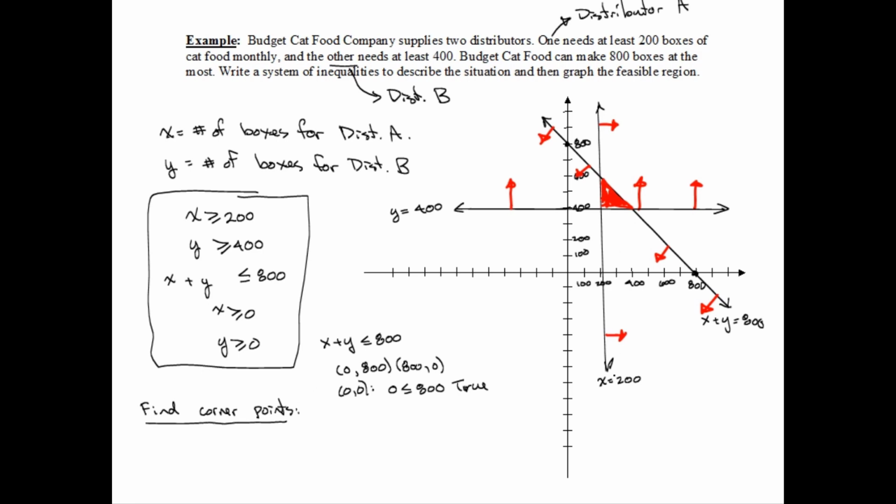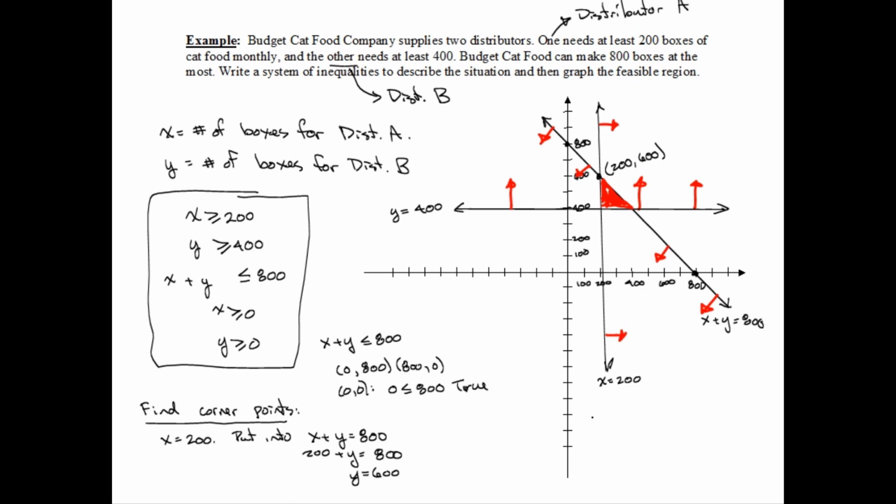Because anywhere I'm on this vertical line, my x is 200. And then if we put that into our x plus y equals 800, what do we get? My y is 600. So that means this point right here is 200, 600.